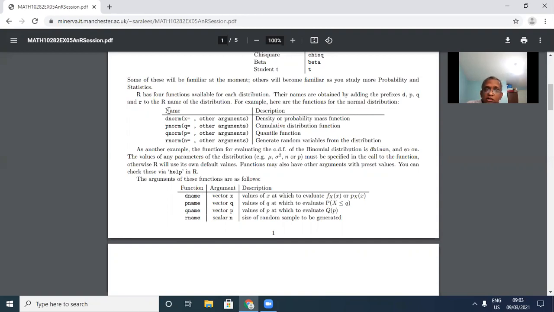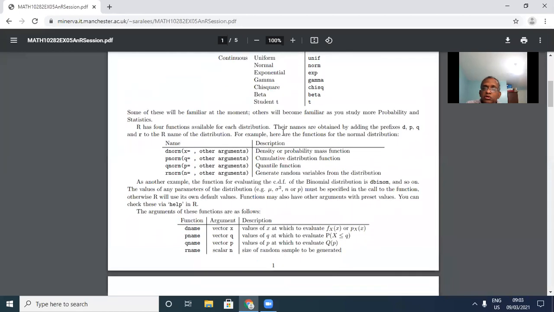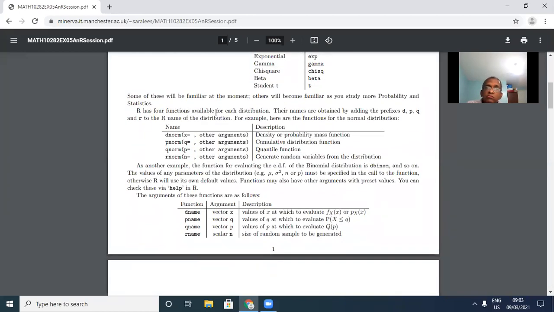So, for example, if you take norm, as you saw in the earlier table, norm stands for normal distribution. So dnorm will compute the density of the normal. Pnorm will compute the CDF, or the cumulative distribution function of the normal. Qnorm will compute the quantiles associated with the normal.